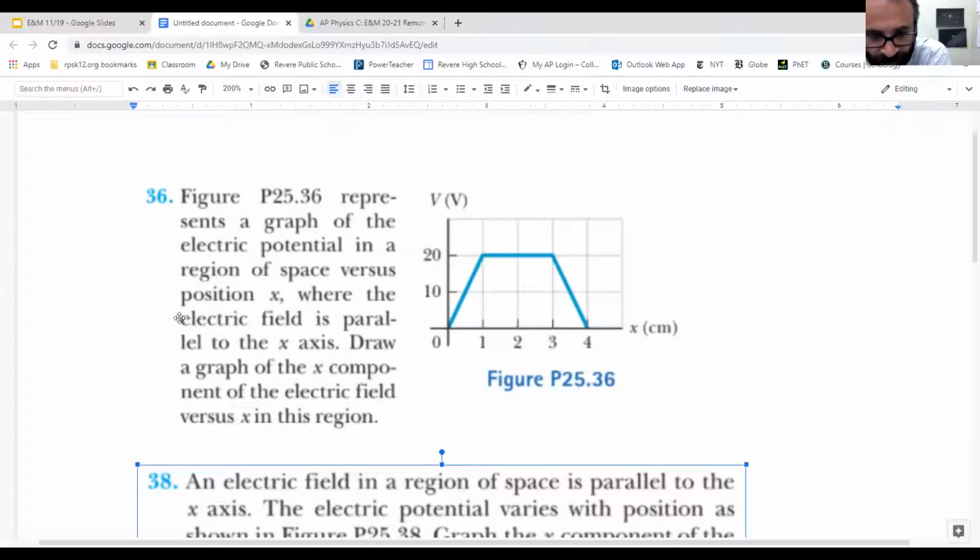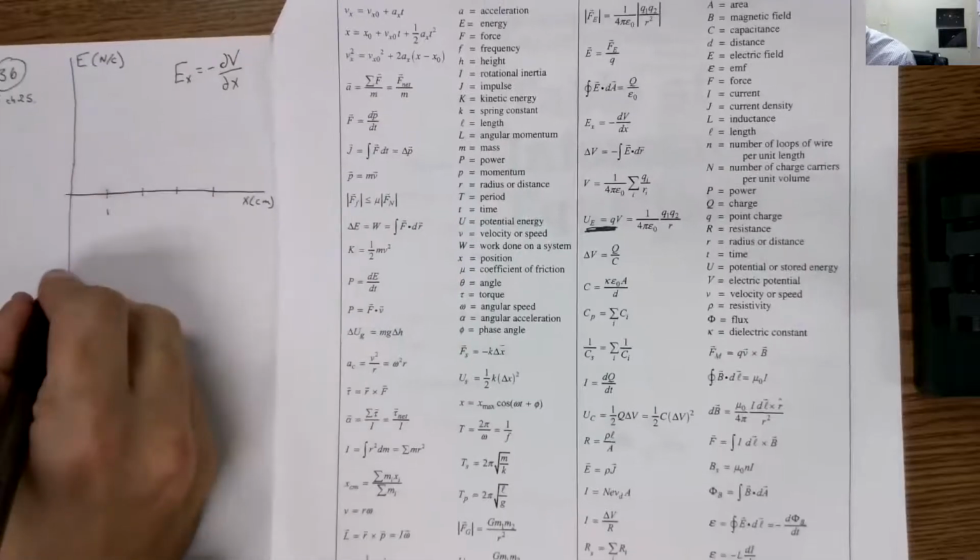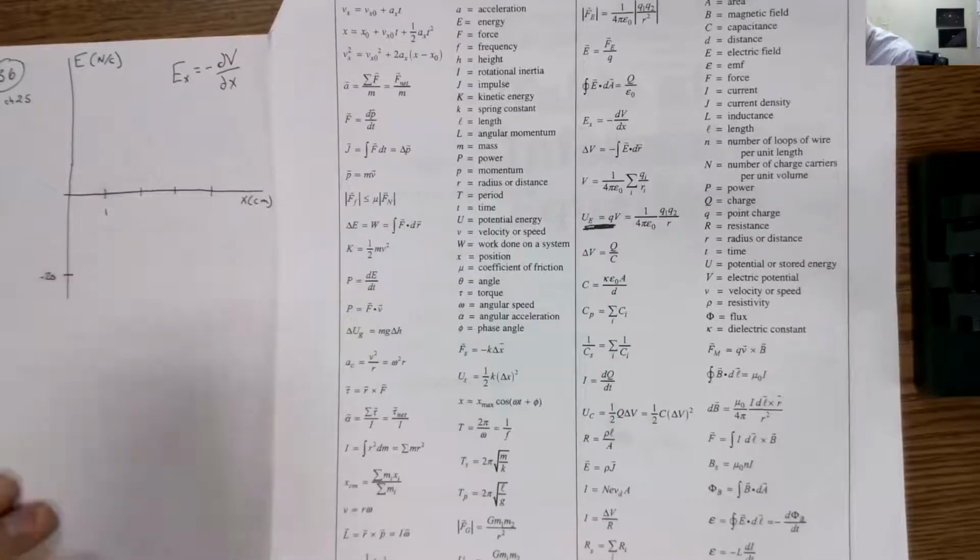So what would the electric field be? No, the electric field is the negative of the slope, negative dV dx. So then negative 20. So if I go down here, I'll make a negative 20.